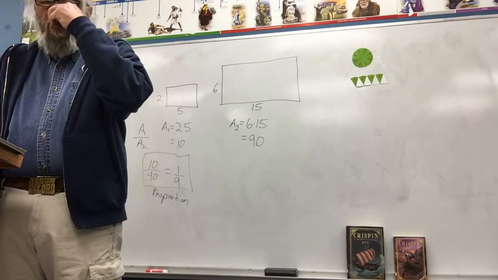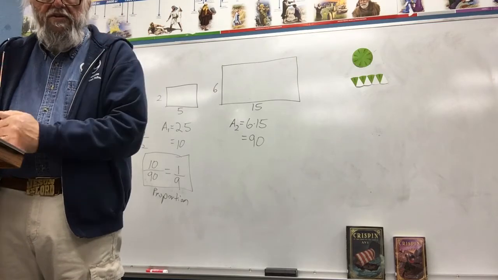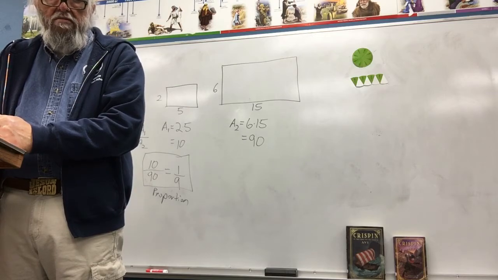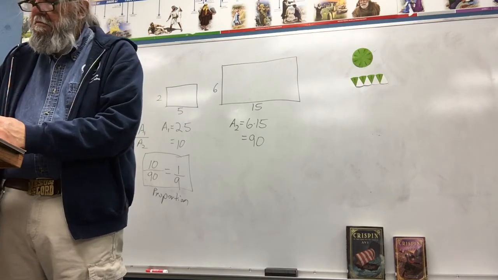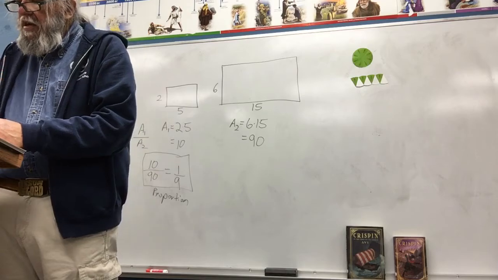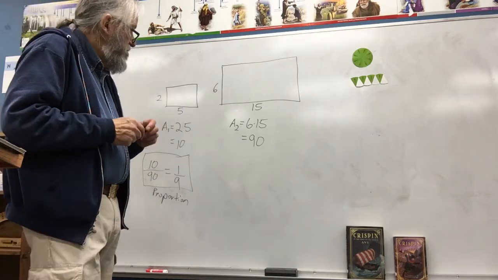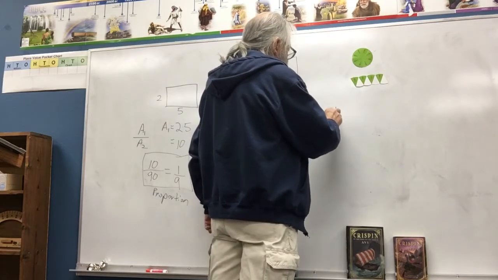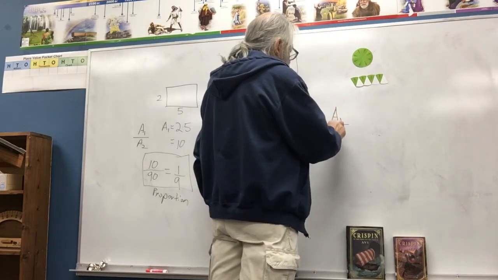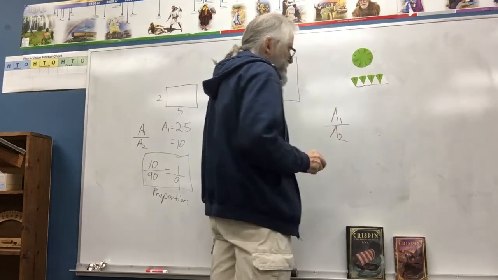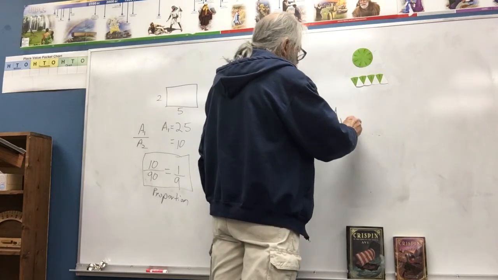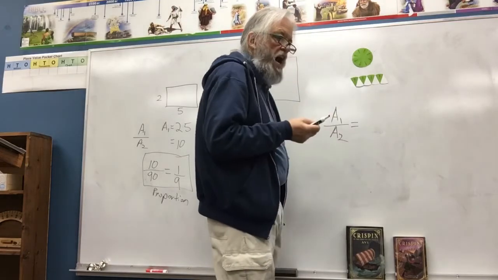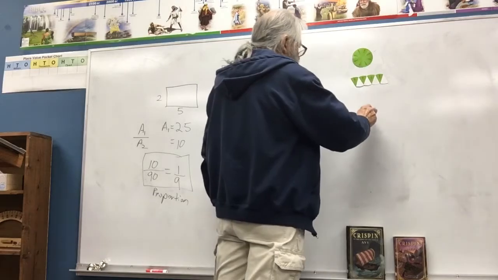Okay? So whether you're doing area 1 over area 2 or area 2 over area 1, okay? Doesn't matter. All right? And so they further tell you, they give you this formula. So again, we've established area 1 over area 2 is going to be the ratio. And look what that also shows you. The sides have to have the same ratio.